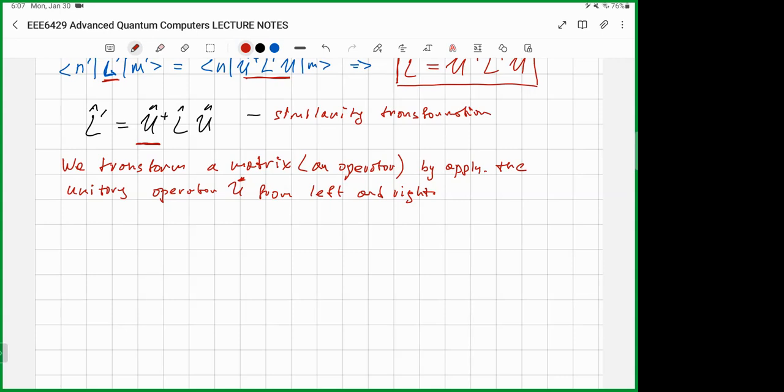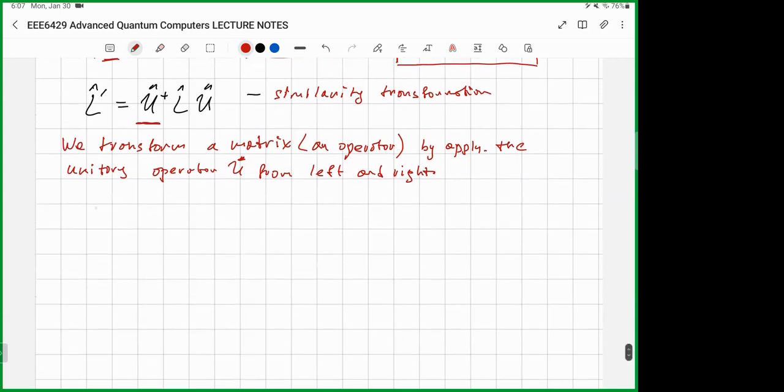In linear algebra, in the real space, it's usually written in another form, like this: an inversion matrix here, then my operator, and then another unitary operator.